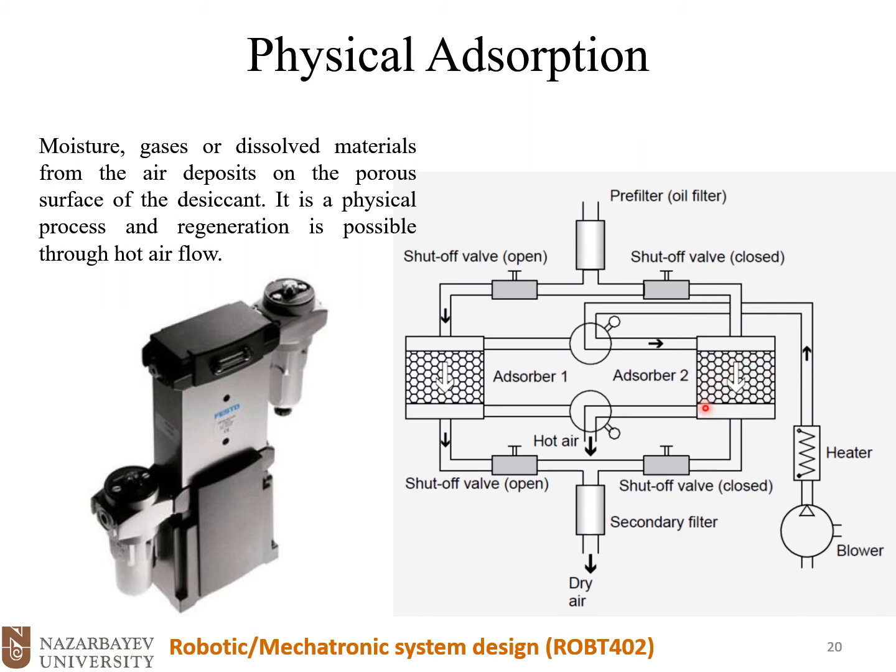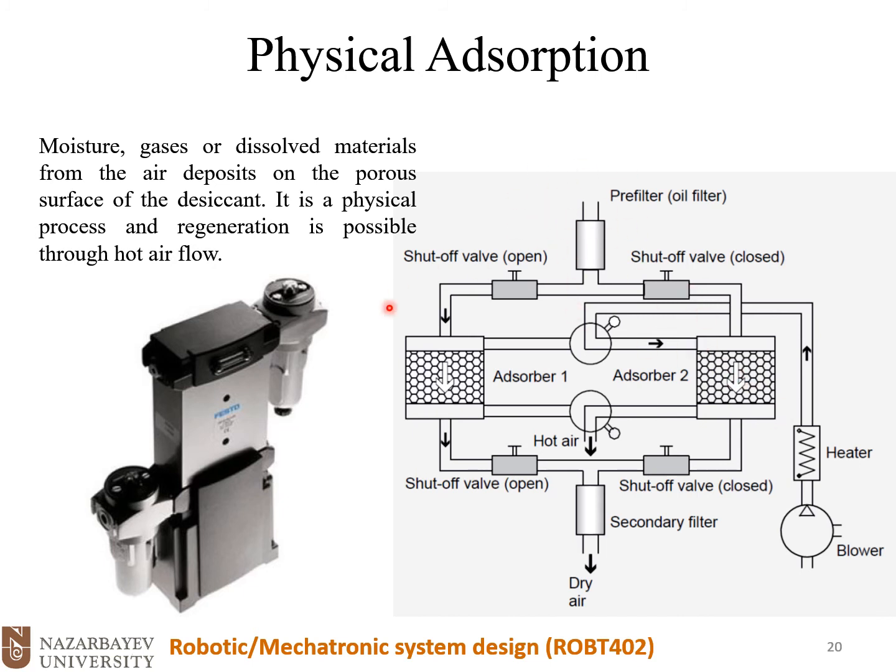The hot air will evaporate all the water inside this adsorber 2 chamber, and it will be ejected from this pipe. Okay, so the heater will dry and regenerate the adsorber 2 chamber, and this desiccant here will be ready for absorbing the humidity of the air.